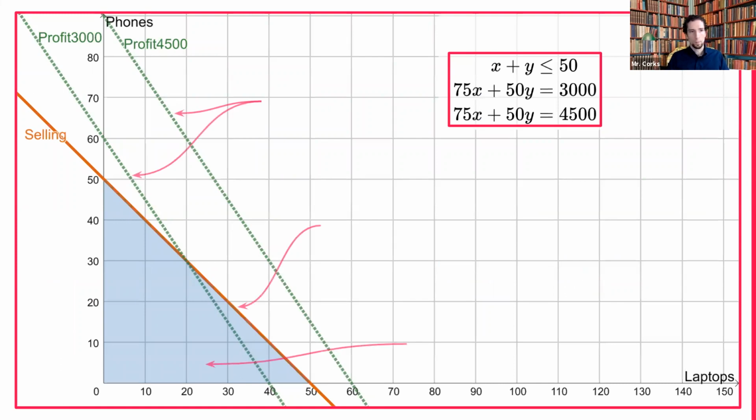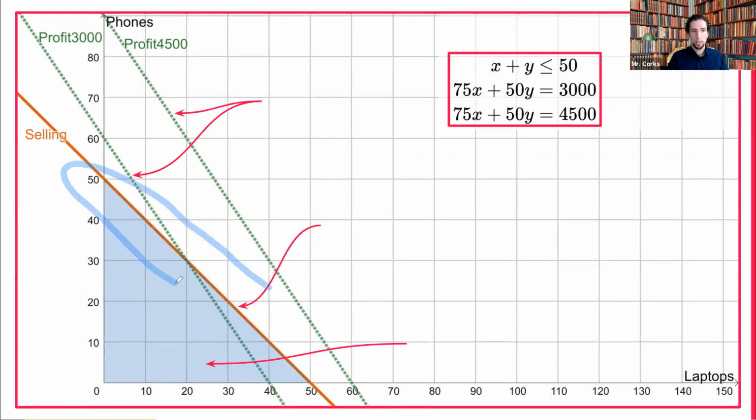Let's review some terminology. So first, the orange line here. This was representing the limits and how far she could go. So she can't produce more than what's over that orange line. What is our fancy term for that line? Constraint line. Constraint line, yes, thank you.